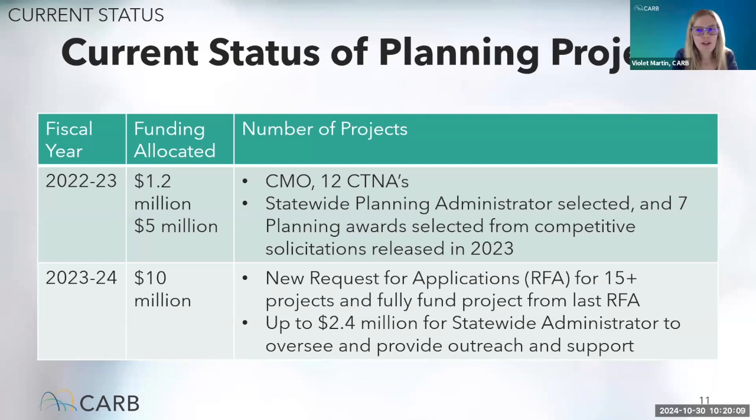So about 200 was used to fully fund a project from the last RFA, and up to 2.4 million for the statewide administrator to oversee the new projects and provide outreach and direct application support. So the 10 million is the subject of today's discussion, and I'll get into the details in a few slides here. We also have a link to our planning capacity building webpage with these numbers and more background details for you. So we'll drop that in the chat.